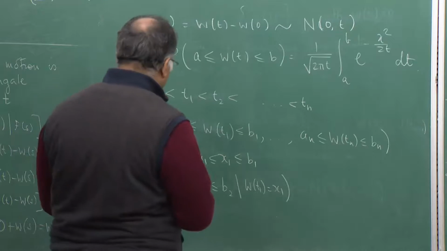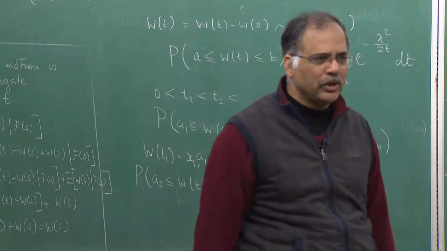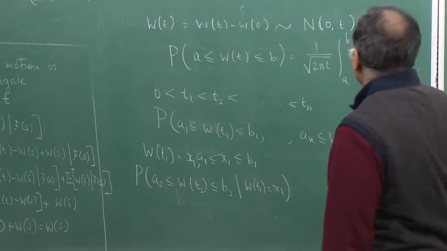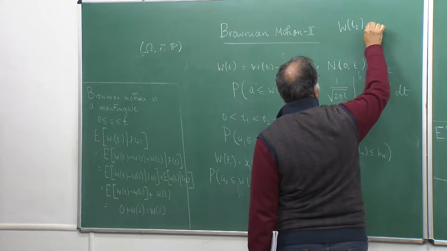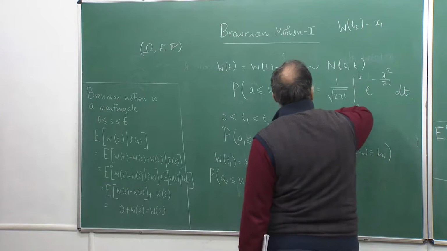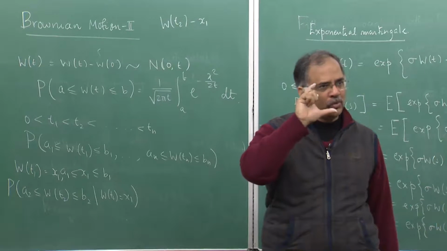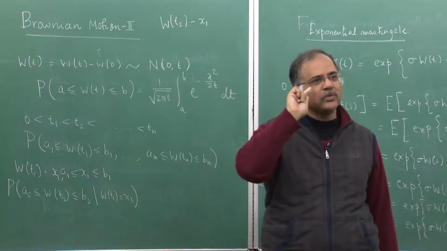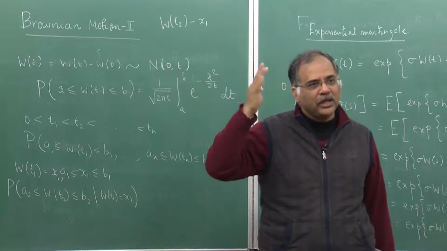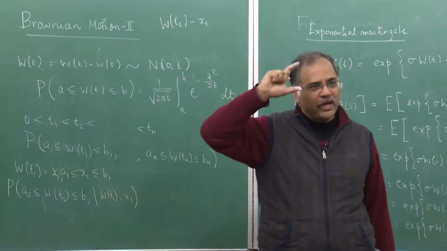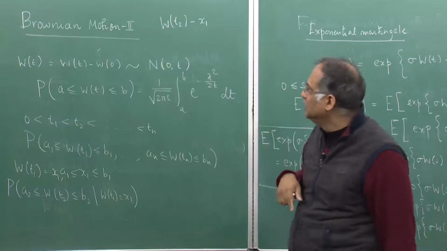But if I have fixed Wt1 as x1, then what do I have? I have Wt2 minus x1 as my random variable. x1 is known to me, that at time t1 x1 is what happened. So, what is the probability that Wt2 for the given scenario omega will lie between A2 and B2?